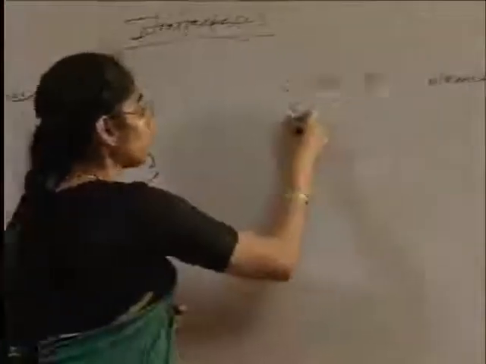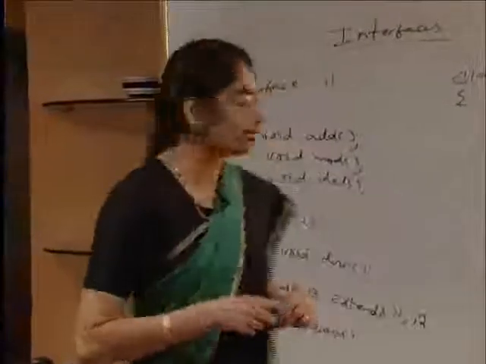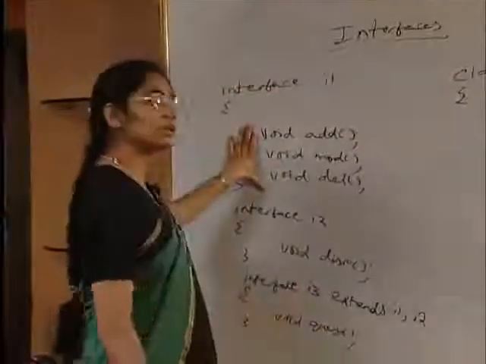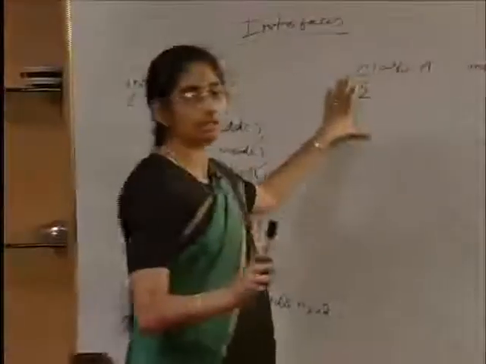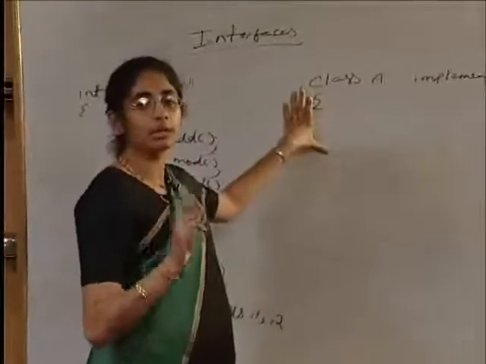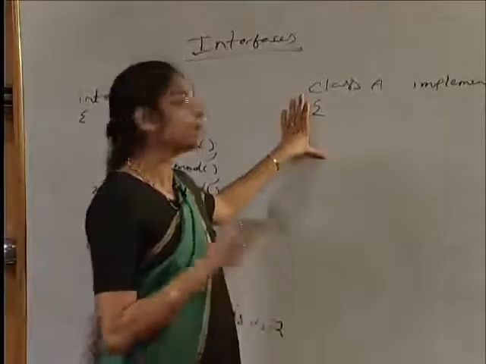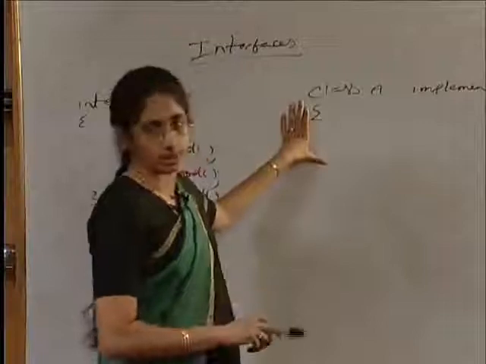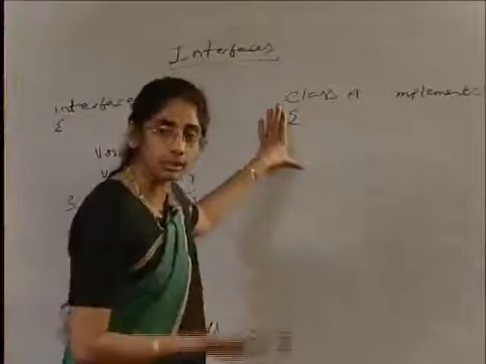A class implementing an interface must implement all the methods of the interface, because remember, all the methods of an interface are abstract. Even if I leave out one method from being defined in the class, then the class must be declared as abstract, because the class holds an abstract method.